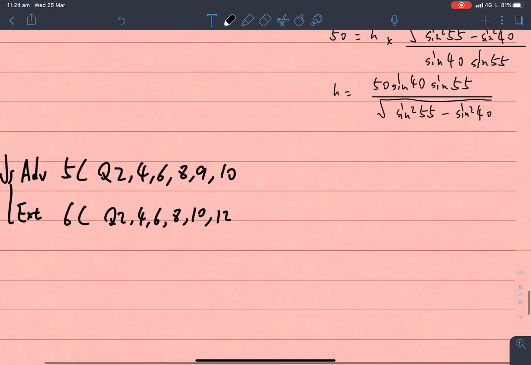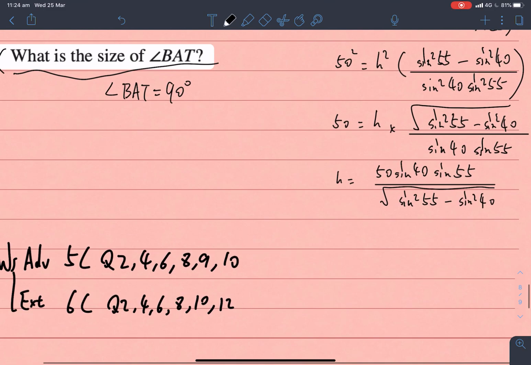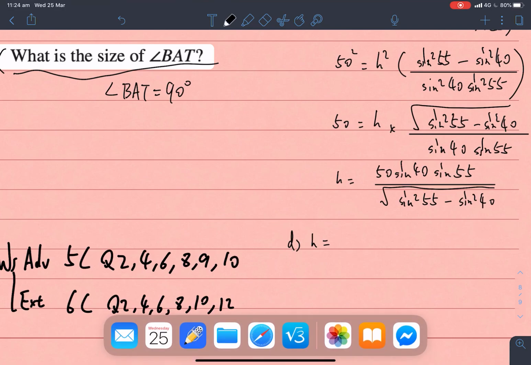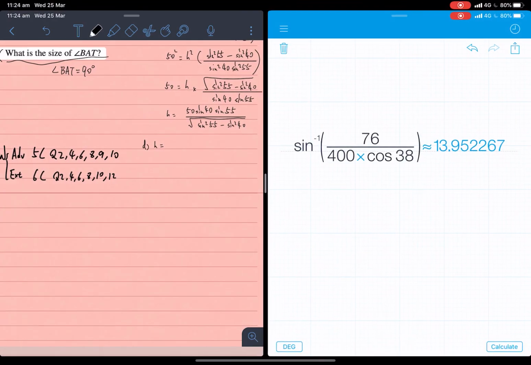And the last bit, D, is just to put H in the calculator. I think I need a massive calculator for this one.